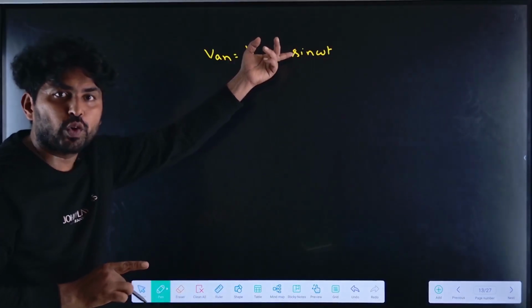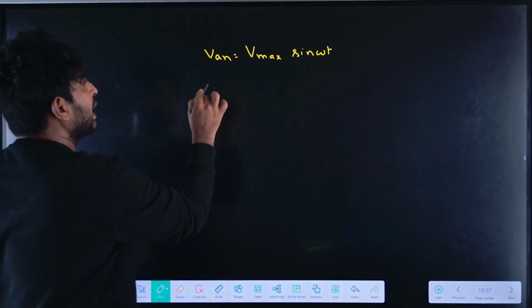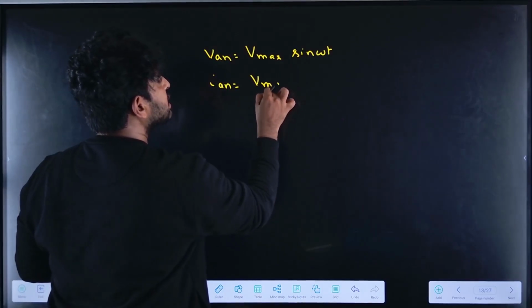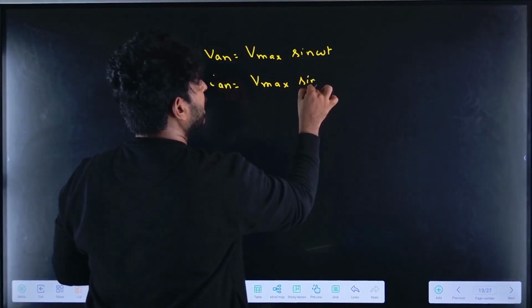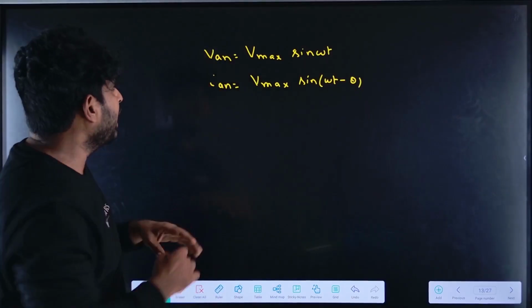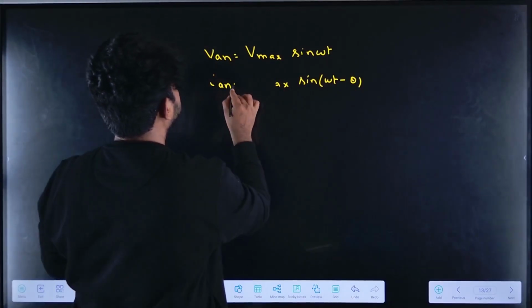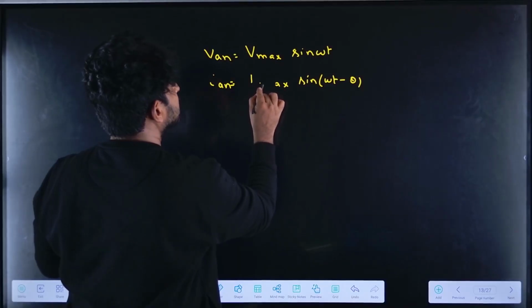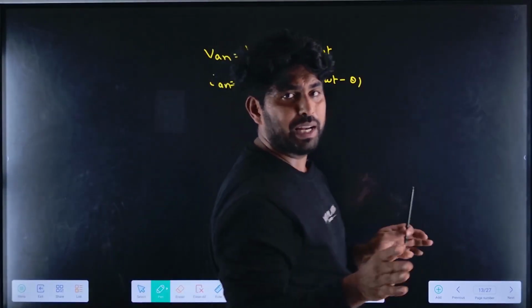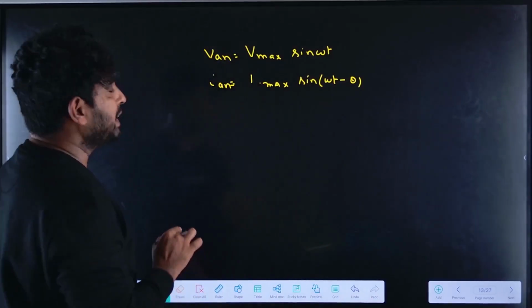Before that it was cos omega t, right? In that problem. Now it was given as sin omega t. IAN is given as Imax into sin omega t minus theta. Now the derivation is similar, so let me write the expression directly.